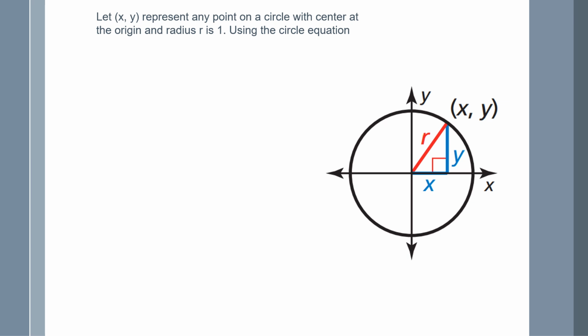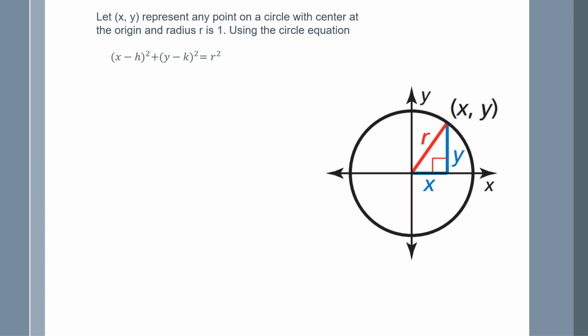So you are going to have to prove the Pythagorean theorem. To do that, using the knowledge of the circle, you have to start your proof by letting x and y represent any point on a circle with a center at the origin and the radius is 1, using the circle equation.